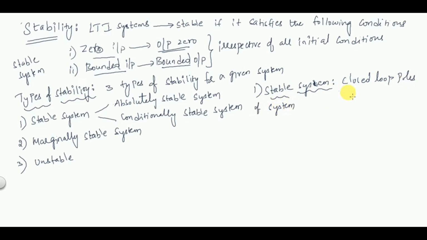If the closed loop poles of the system lie in the left half of the S-plane, then that type of system is said to be a stable system. As I told you, there are two types of stable systems. One is the absolutely stable system.